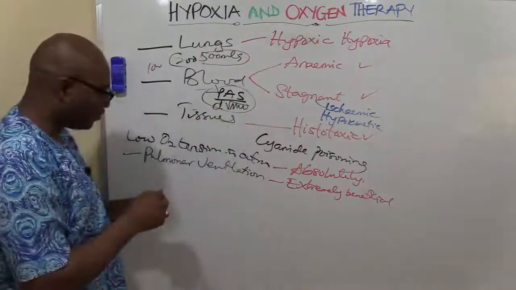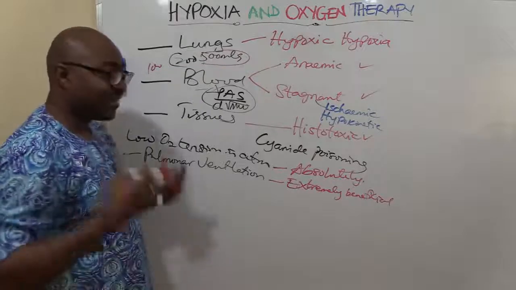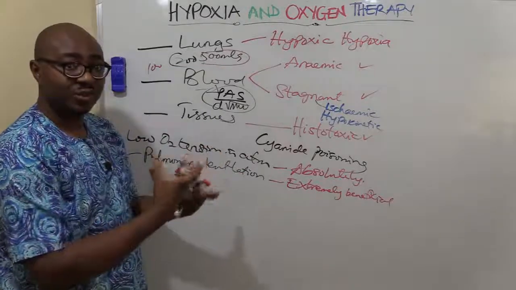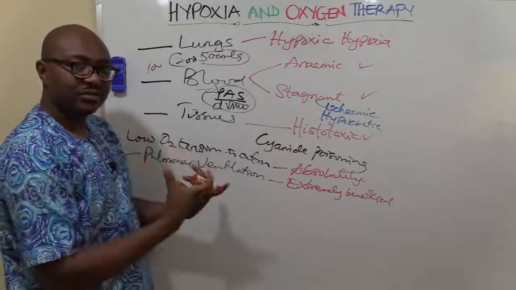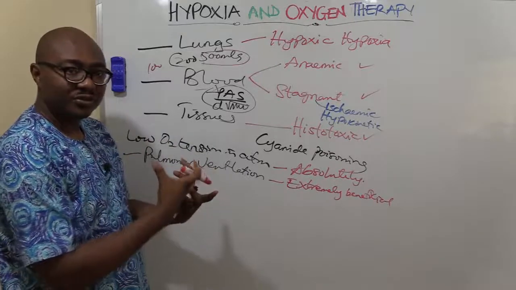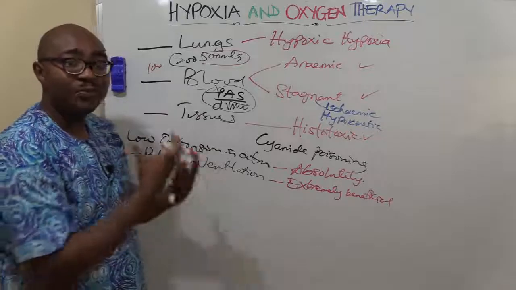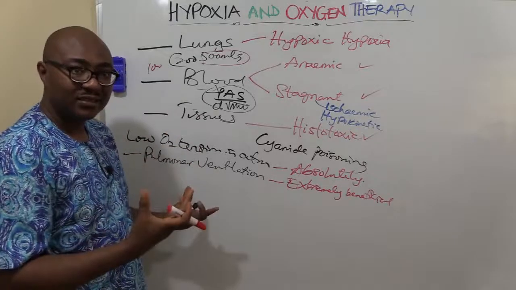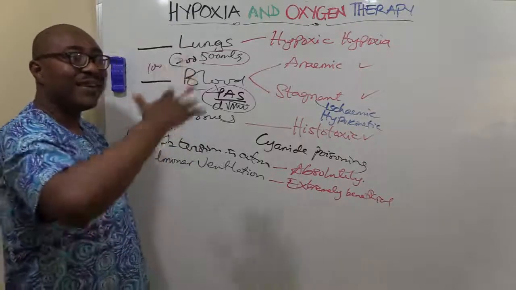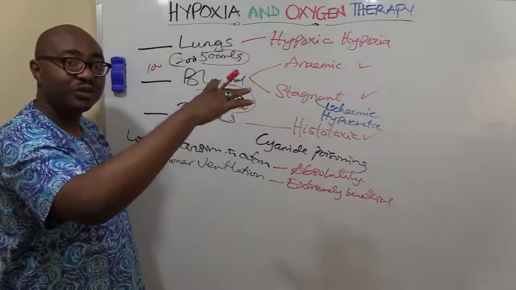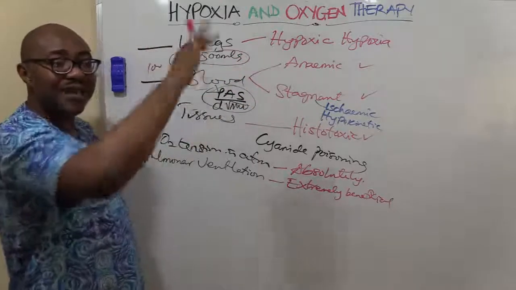Now look at what happens. We are giving 100% oxygen with a lot of pressure. Oxygen now is occupying all the pressure in that gas, so you have a very high oxygen partial pressure, sometimes as high as over 600.